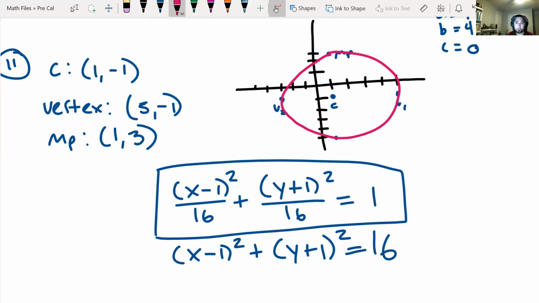I was just, I guess, thinking too much into it. This is number 11, ellipses, which this one is a circle. What I didn't do is really take into account where all the points were.